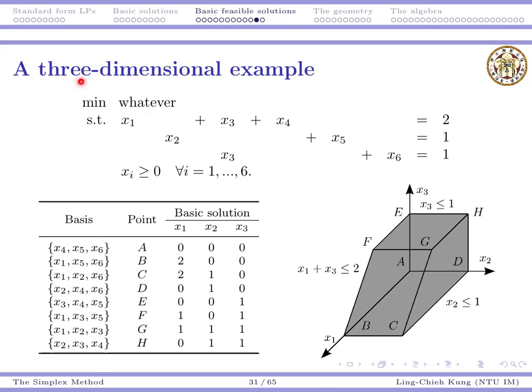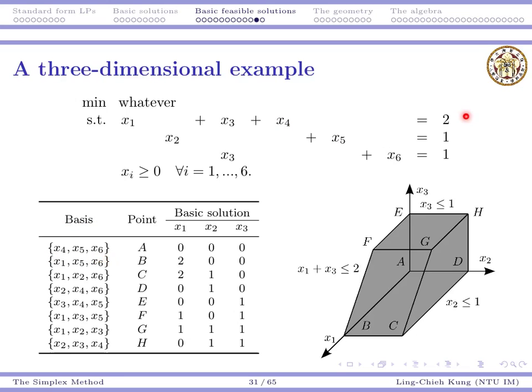So let me give you a three-dimensional example. Suppose I have this problem. We know the objective function doesn't matter, but for constraints, suppose that in this three-dimensional space, I have three constraints like this, and I may convert them into equalities by adding slack variables. In that case, each basis must have three variables.